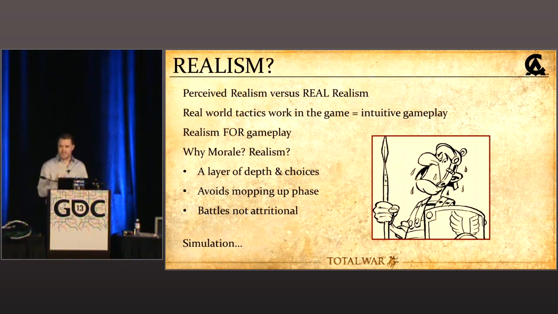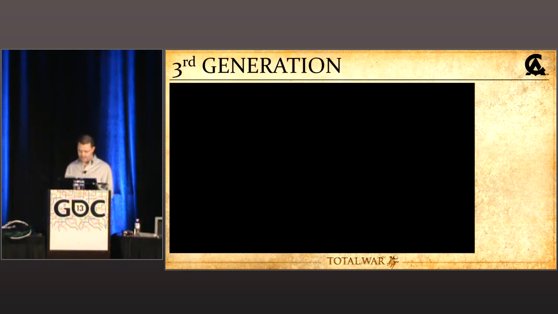So, to continue on the subject of realism, it kind of follows on nicely. I want to say a few words about the nature of simulation. And I'm going to do that in the context of the third generation of Total War games, because direct fire weapons really make these issues much more obvious.